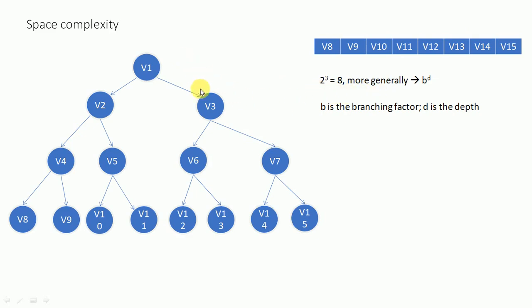So in this case the depth of the tree is 3, therefore 2 to the power 3 is 8, and we have 8 nodes in the queue, that is all the nodes in the last level. So the space complexity will be b to the power d. So b is nothing but the branching factor. In this case the branching factor is 2 and the depth of the tree is 3. Therefore the space complexity will be b to the power d.